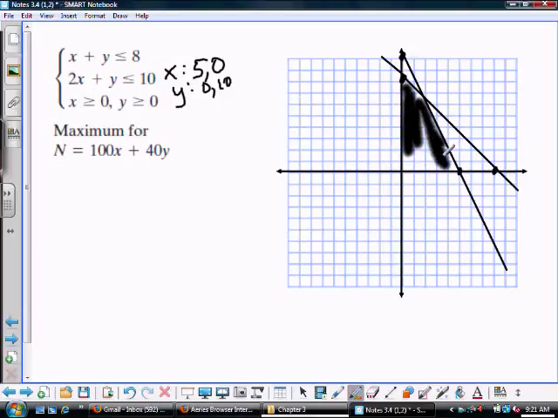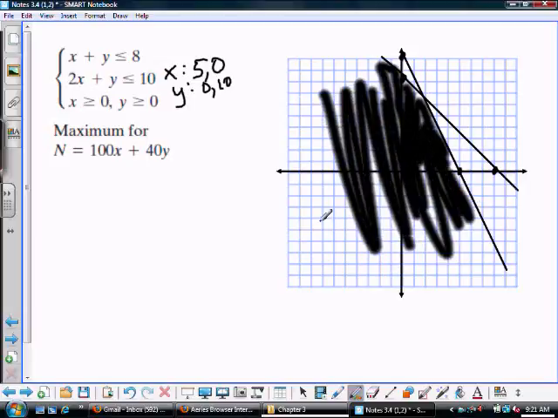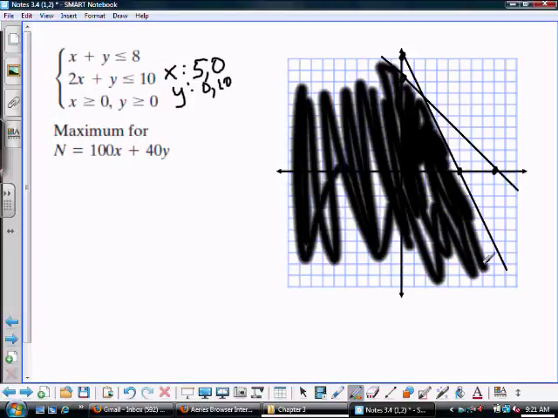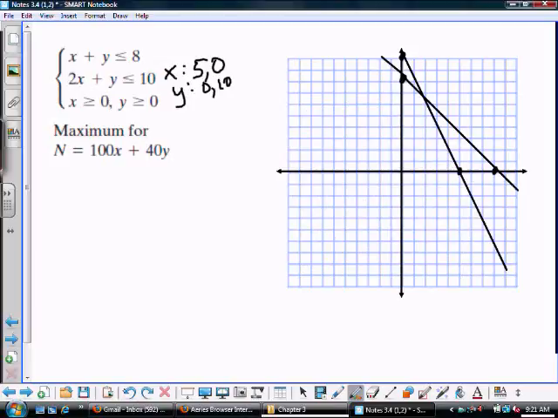Currently my shading looks like all of that right here. Okay? But I'm not going to put that shading in right now, because I'm going to go for my next two constraints. X greater than or equal to 0 is a vertical line at x equals 0, and I have to be greater than that, so I'm shading to the right.